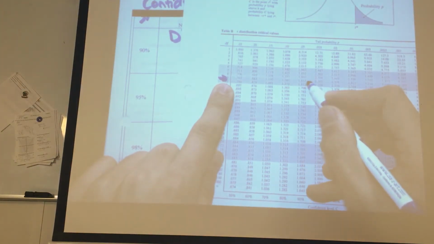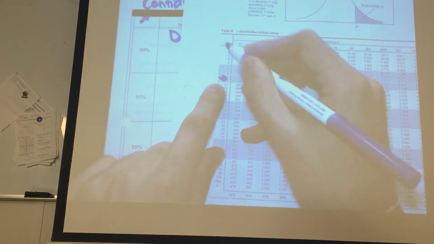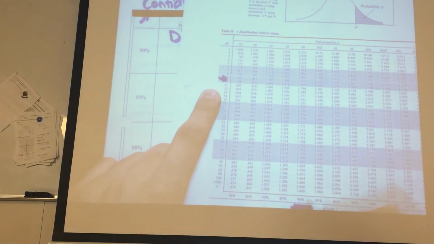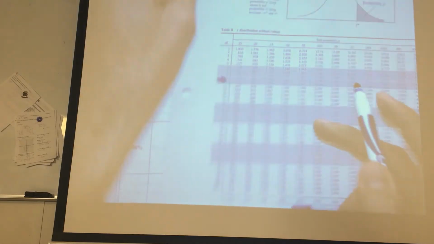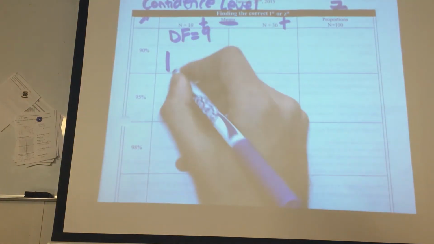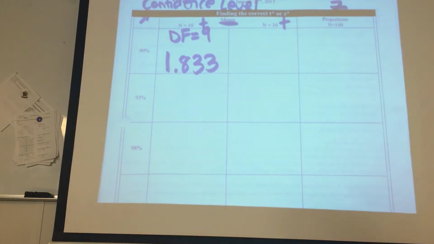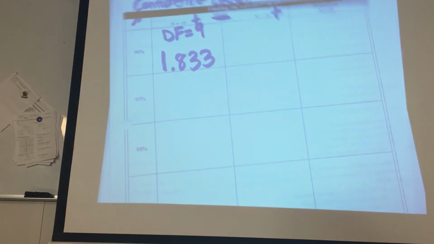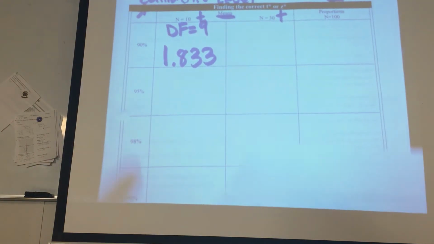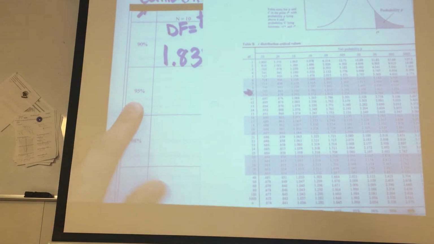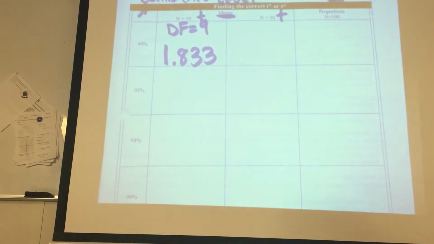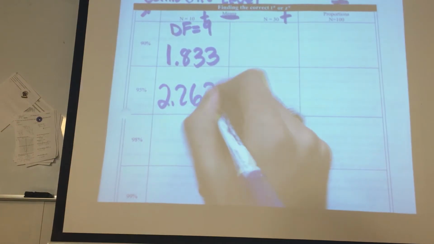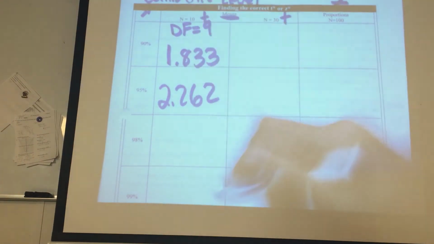Do you guys agree? 9 degrees of freedom, 90% confidence interval, 1.833. Questions? That's the answer. Okay, let's do the next one. 95%, 9 degrees, 2.262.